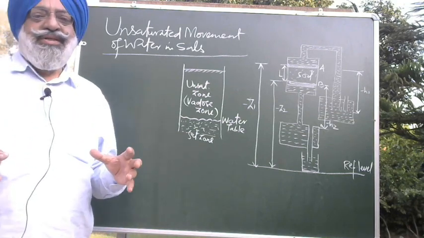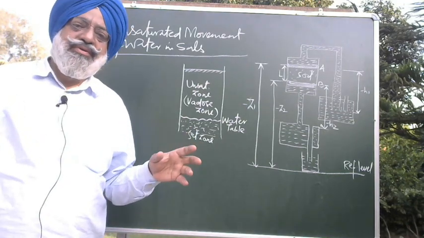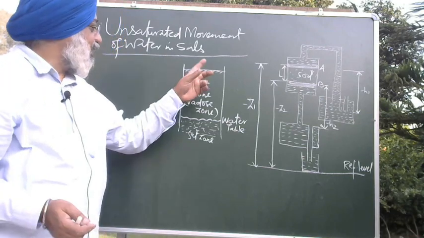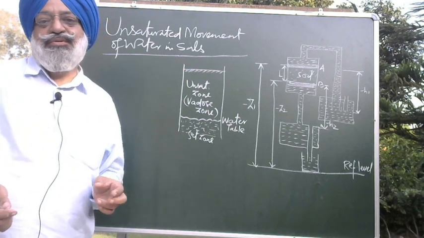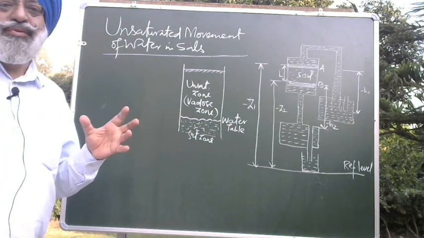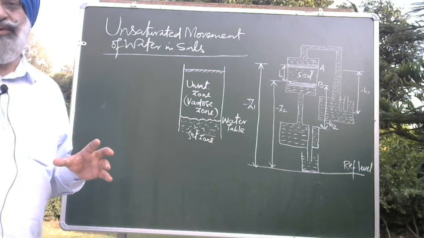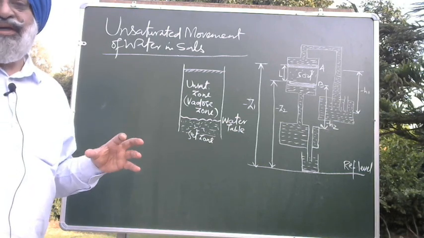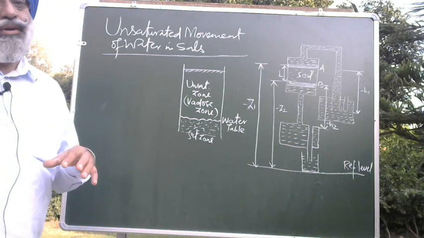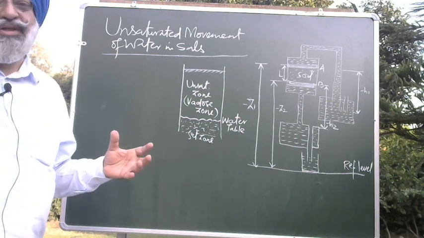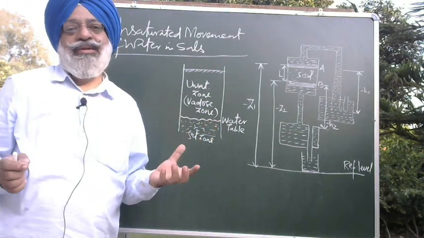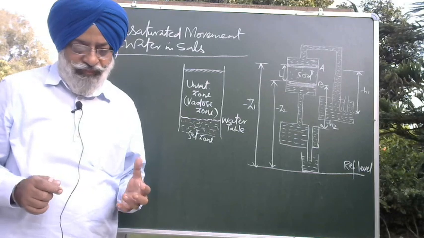If we talk of total fresh water available on this earth, only 0.5% is stored in the soil. But this 0.5% water stored in the soil, what we call groundwater source, is very important from a hydrological point of view. We have a water cycle, the hydrological cycle. For this, the Vadose zone particularly plays a very important role.